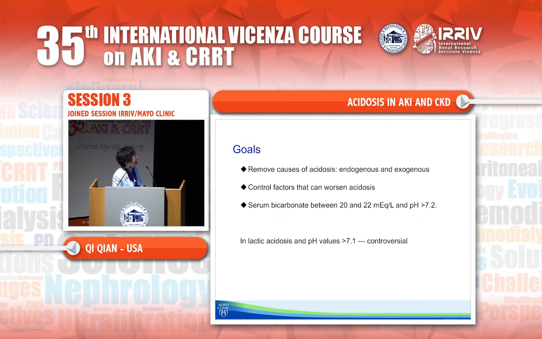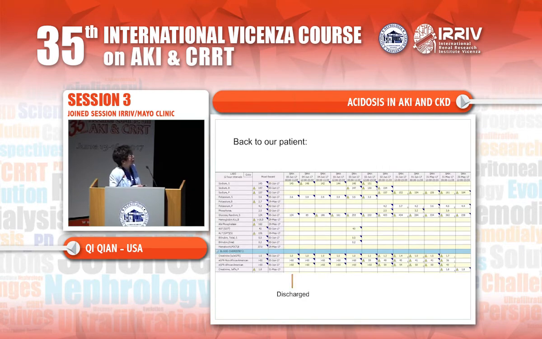In patients with lactic acidosis, which is the most common type of anion-gap acidosis in AKI, if the pH is greater than 7.1, it's really controversial, depending on the causes and several other effects. And the data is, at least two pretty old randomized control studies did not show any benefit of giving bicarbonate when the pH is greater than 7.1.